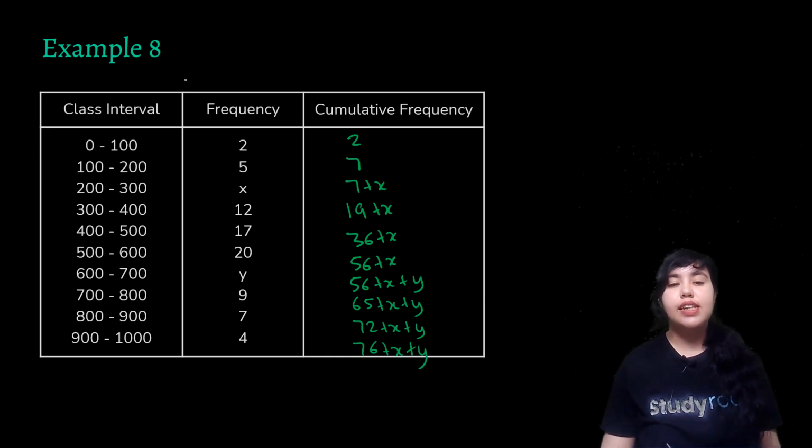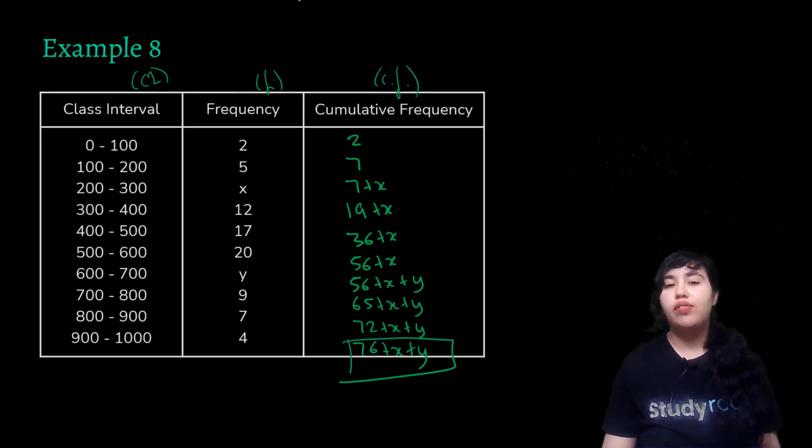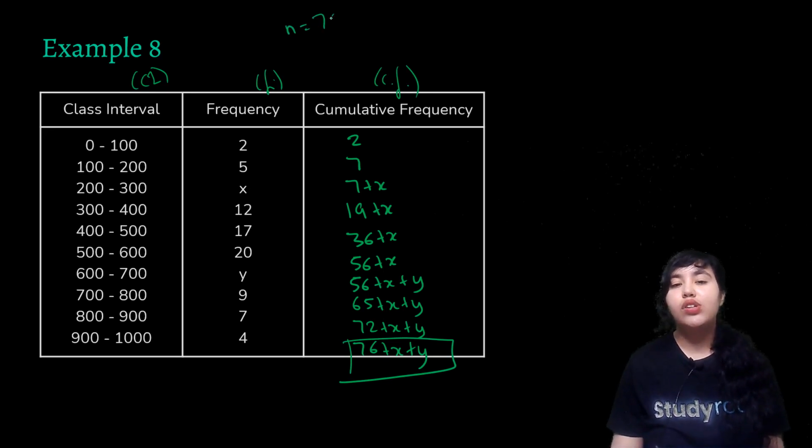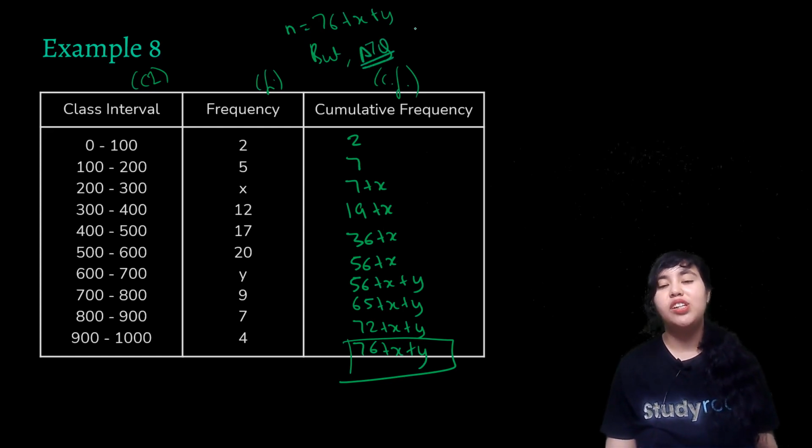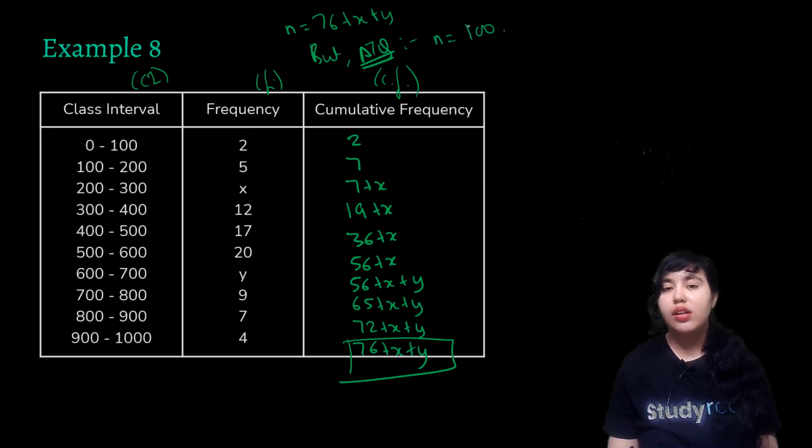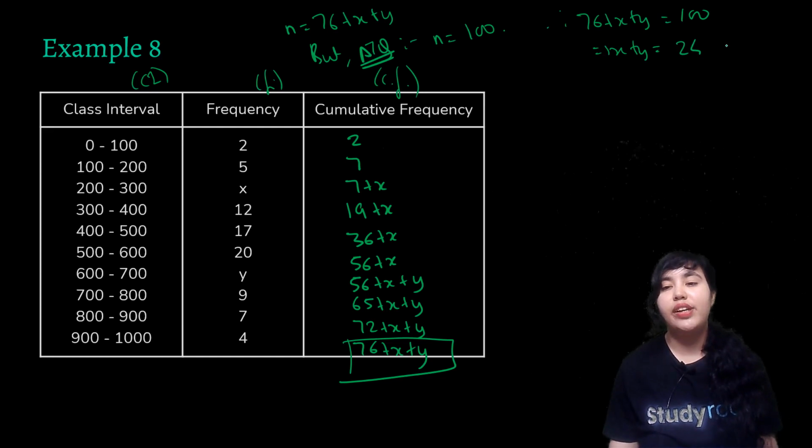After filling them in this table, this is your CI, this is your fi, this is your cumulative frequency. Now this last cumulative frequency is what we are calling N. So here N is equal to 76 plus x plus y. But according to the question, ATQ, short form for according to the question, we've been given that N is equal to 100, right? So we can equate the two. 76 plus x plus y is equal to 100. So x plus y will become 100 minus 76, that is 24. Make this equation number 1.